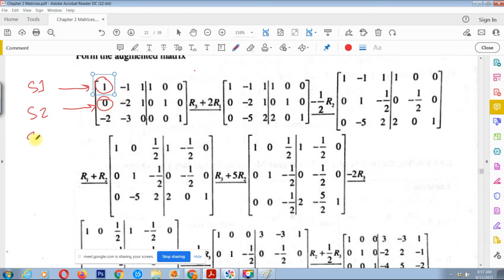Step 3: make the A. Maybe I can put it like this. Okay, step 1, S1.